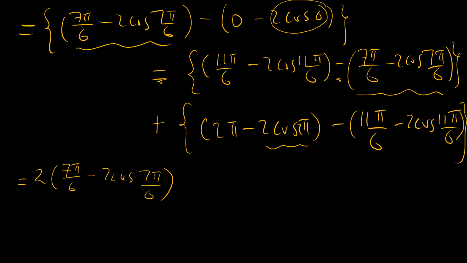The 0 vanishes, so we have 2 pi, and plus, this is 2 times 1, positive 2, and then we have here as well negative, so they cancel, this and this cancels out.